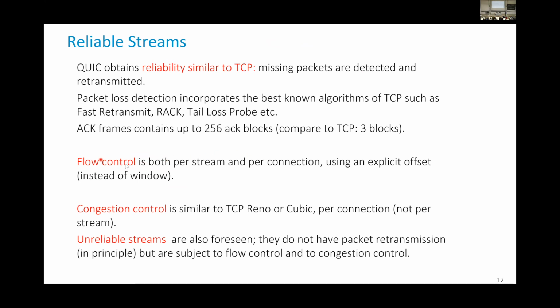Flow control is per stream and per connection. Remember that flow control is what is done with the window field of TCP. This is the thing that prevents a receiver from being overloaded by the amount of data that is sent by the source. So you do that per stream and per connection, using a mechanism that has to do with the equivalent of a socket.